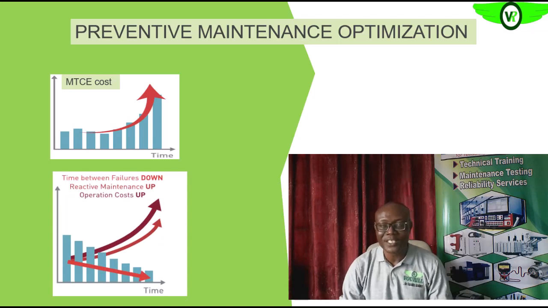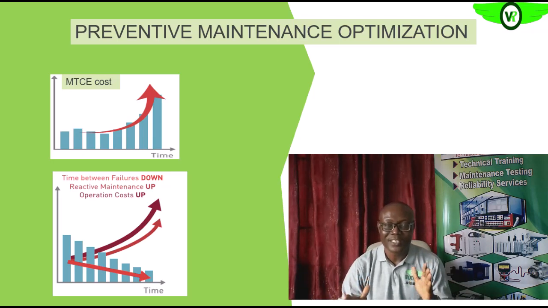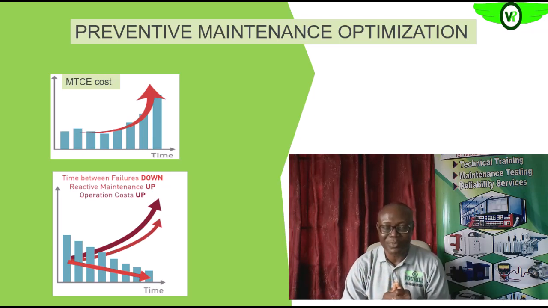Then, if the frequency of failure is increasing, that is, the time between failure is increasing, we should know that it is time for us to review and optimize our maintenance program.